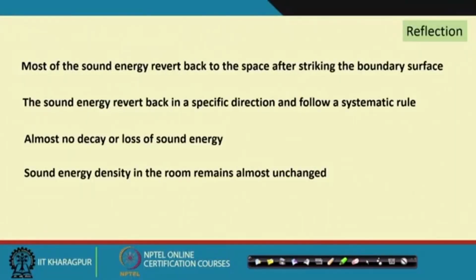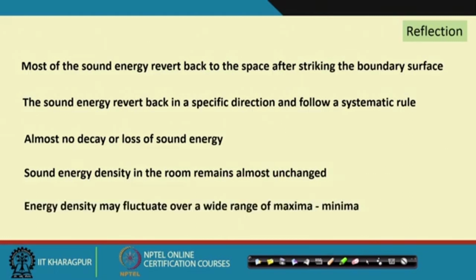So, when there is regular reflection in a symmetrical or systematic way, the sound energy density in a room remains almost unchanged. Another important thing is that this energy density will fluctuate over a wide range.